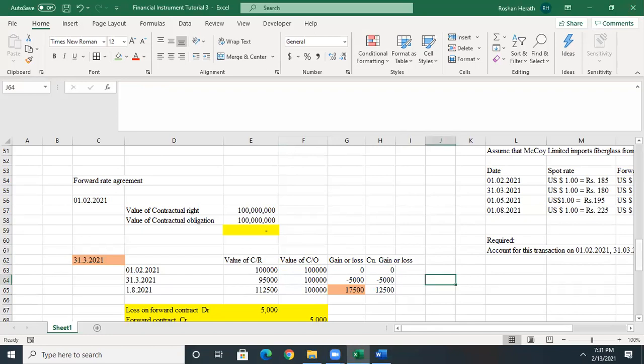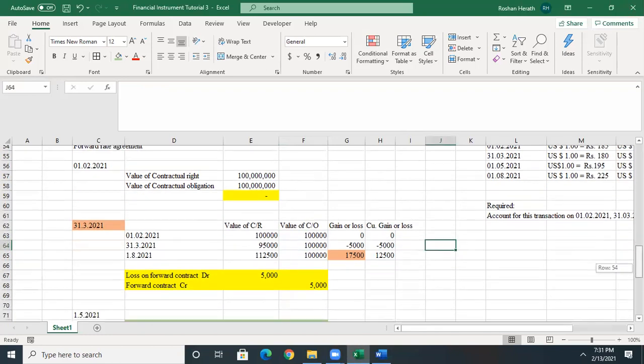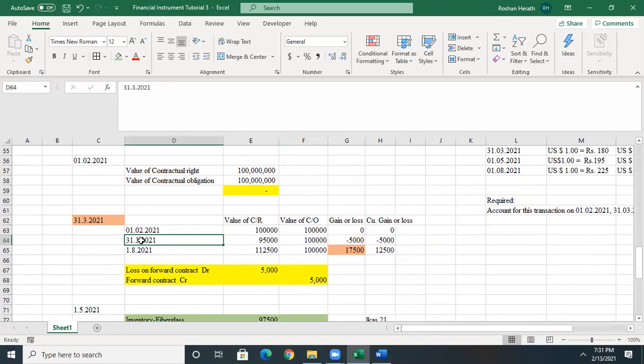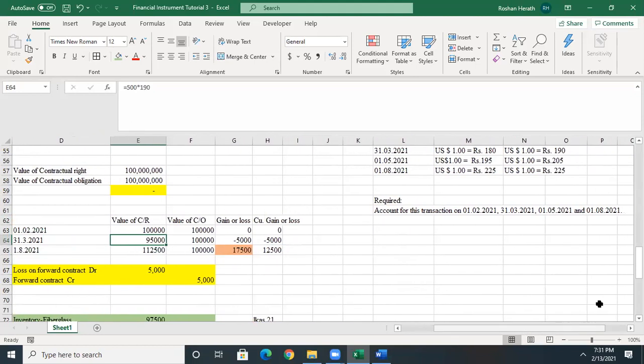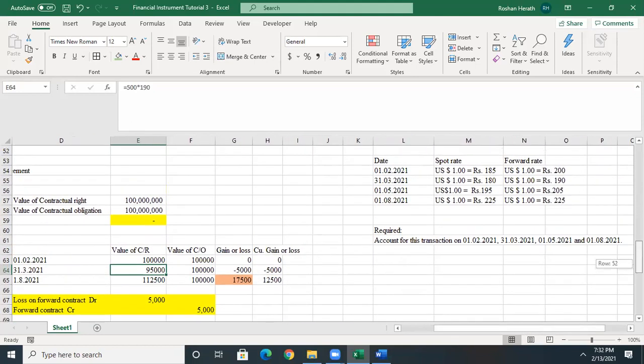So this 5,000 loss is simply a result of the remeasurement. You know that I told you that you need to remeasure your forward contract at the reporting date. The reporting date is 31st March. So when you look at that, what is the value of your contractual right? What is the value of your contractual obligation? The obligation is locked. It remains the same throughout the period, but the contractual right varies.